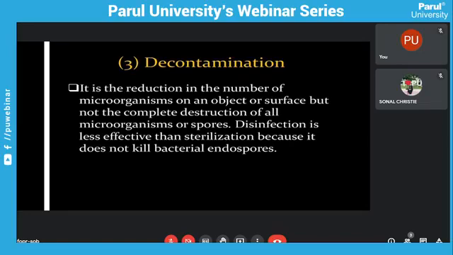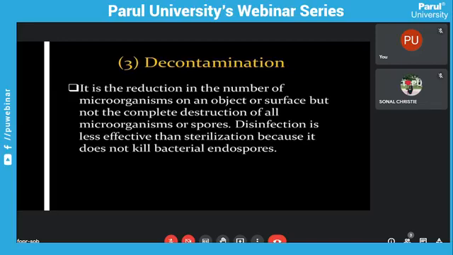With the sterilization process we can kill complete microorganisms, but by using the decontamination method we can't. We can only reduce the number of microorganisms on an object and surface, but not completely destroy all microorganisms or the spores. Spores are produced by fungi or plants; they are very small cells like seeds.